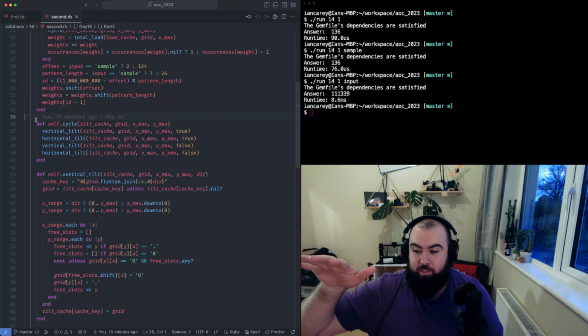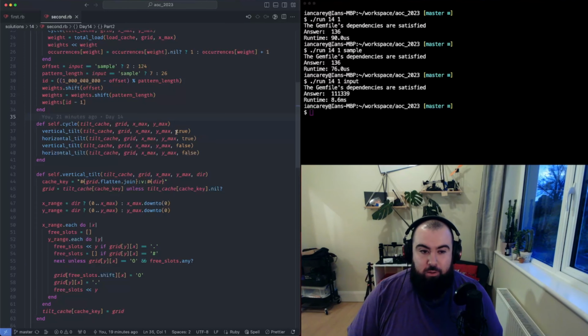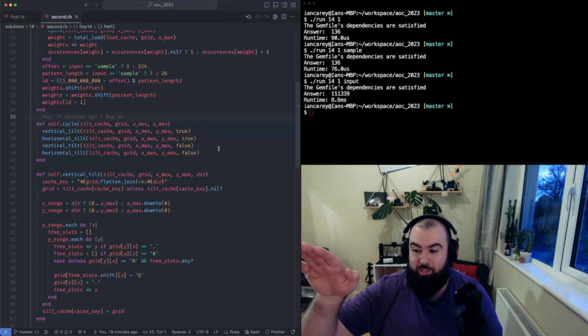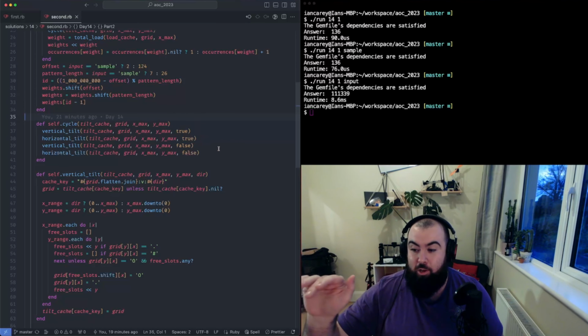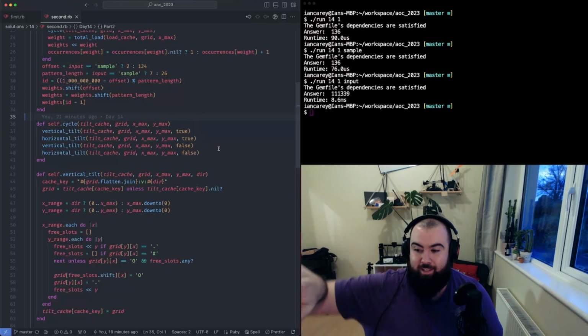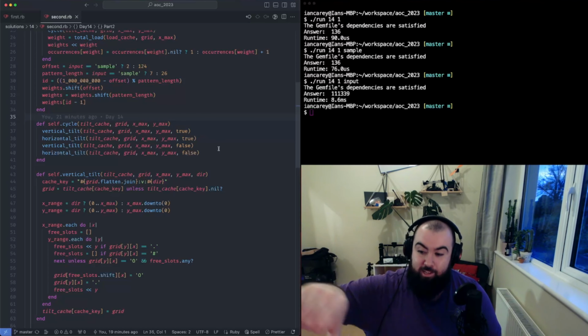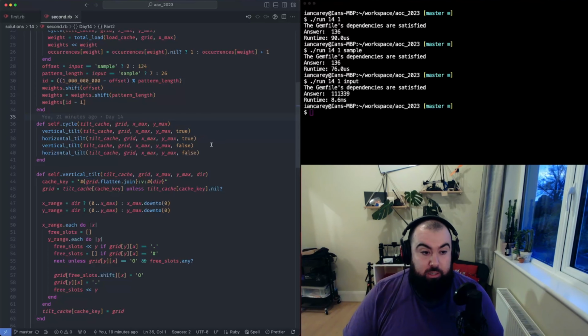The reason why they're in methods is because they do very similar code, they just do slightly different things. The only difference between them is a simple Boolean, which indicates whether it's a vertical tilt, north or south, or a horizontal tilt, east or west.